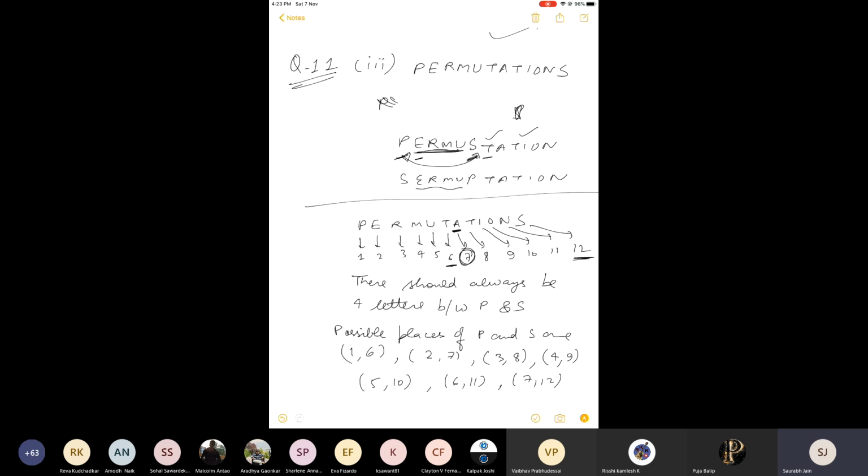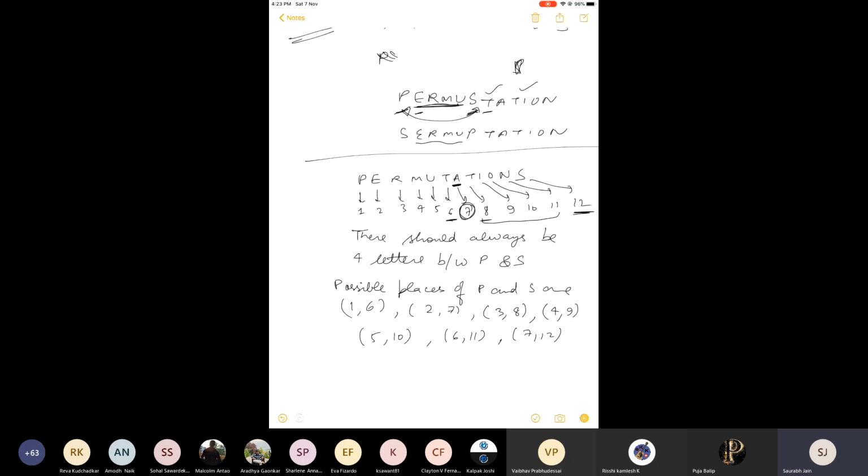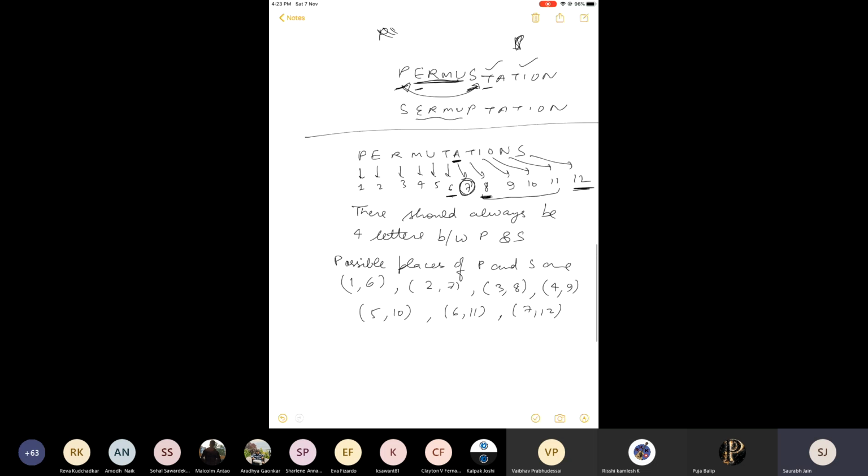Now no more possibility. P cannot be at the 8th position. In that case, S must be at the 13th position, which is not there because there are only 12 alphabets here. So possible ways of their presence equals 7.